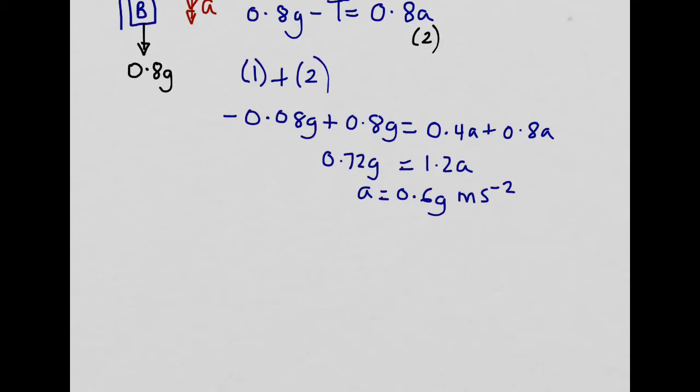So when I come back, that's what I may use, but for the point at the question that I'm at, I'm going to actually also write it to 3 significant figures, and I get 5.88 meters per second to the minus 2. And that's part A answered.